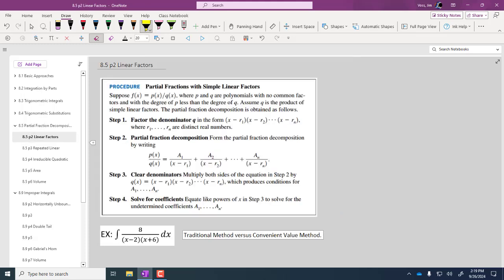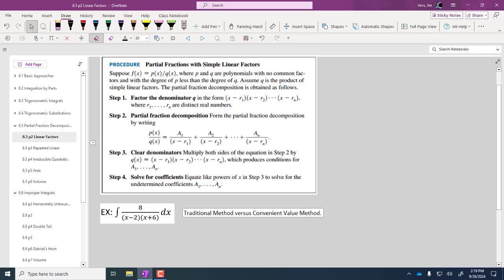Okay, so here's what generalized PFD looks like for linear factors. It looks way more complicated than it is. Just notice in the denominator, we have a bunch of linear factors. Whatever the denominator factors into, and there's a theorem you have heard of before called the fundamental theorem of algebra.